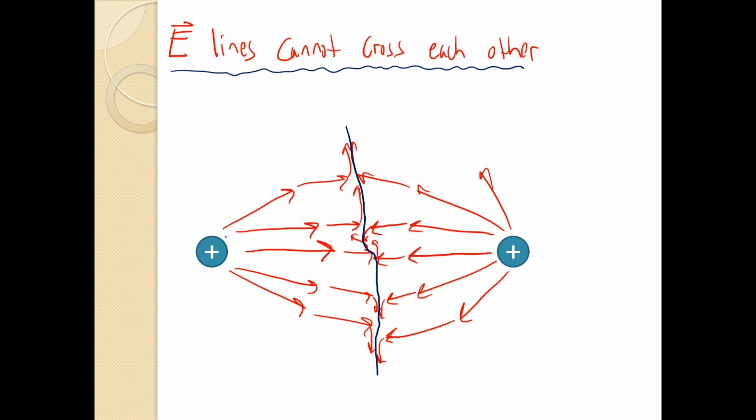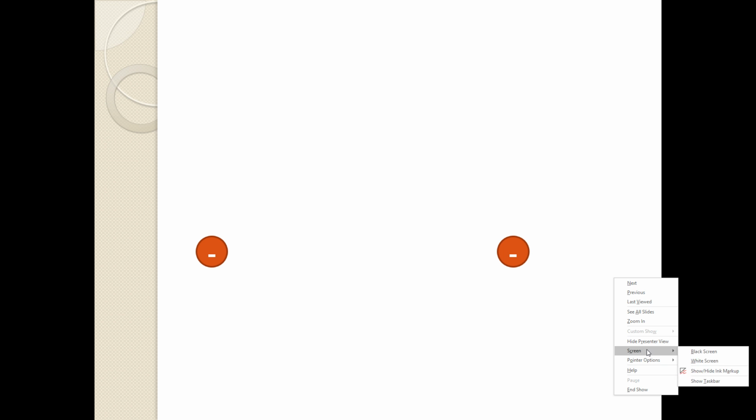With positive charges, it's very easy to see that. With negative charges, it's a little more difficult, because the field lines travel towards themselves like this. But they exhibit very similar behaviors because they can't cross each other.